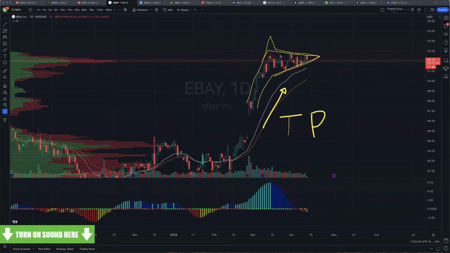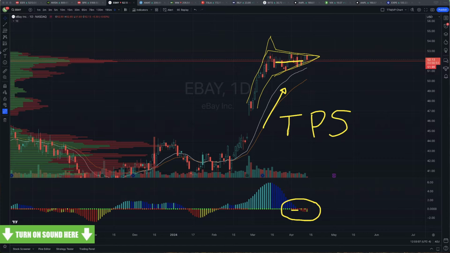Do we have the pattern we're looking for? Yes, we have a pattern here, consolidation after a move up, and then the S is squeeze. Okay, so then what we're looking for is down here on this squeeze pro. We are looking for red dots, right? Red dots mean this name is consolidating and it's getting quiet and it's building up energy for a move.